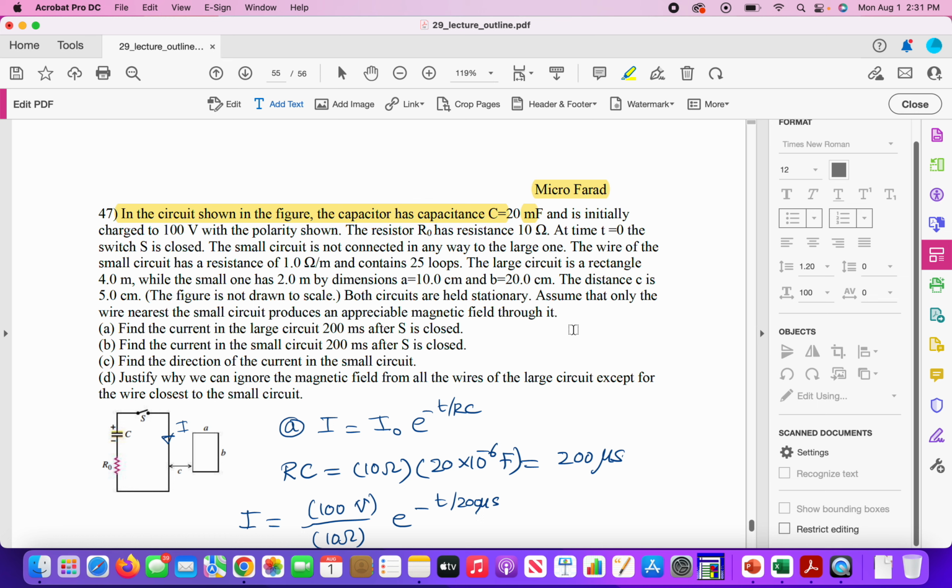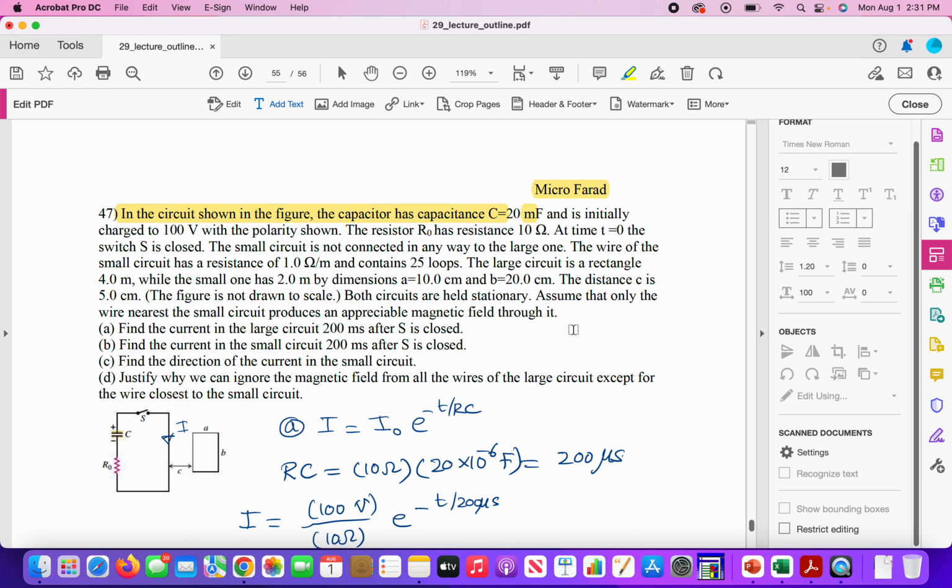The capacitor is initially charged to 100 volts with the polarity shown. The resistor R0 has resistance 10 ohms. At time t equals 0, the switch S is closed, and the small circuit is not connected in any way to the large one. The wire of the small circuit has a resistance of 1 ohm per meter and contains 25 loops.